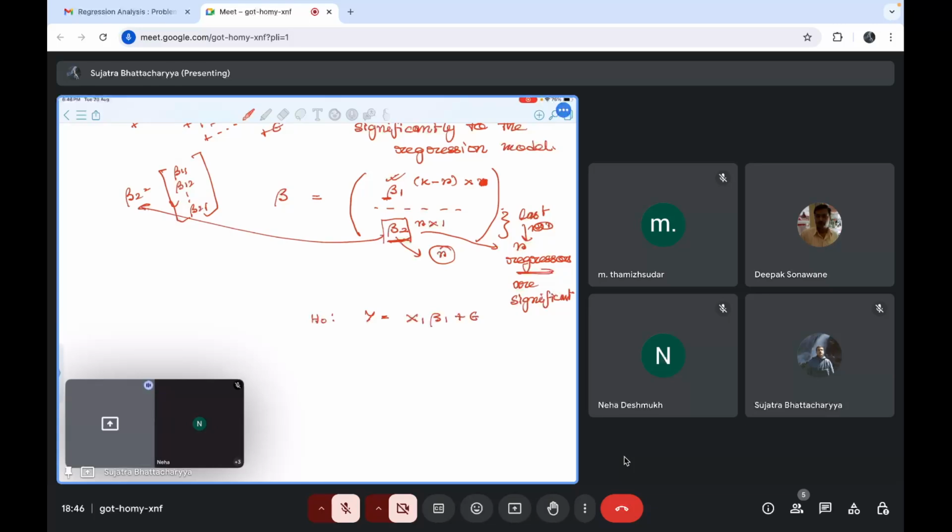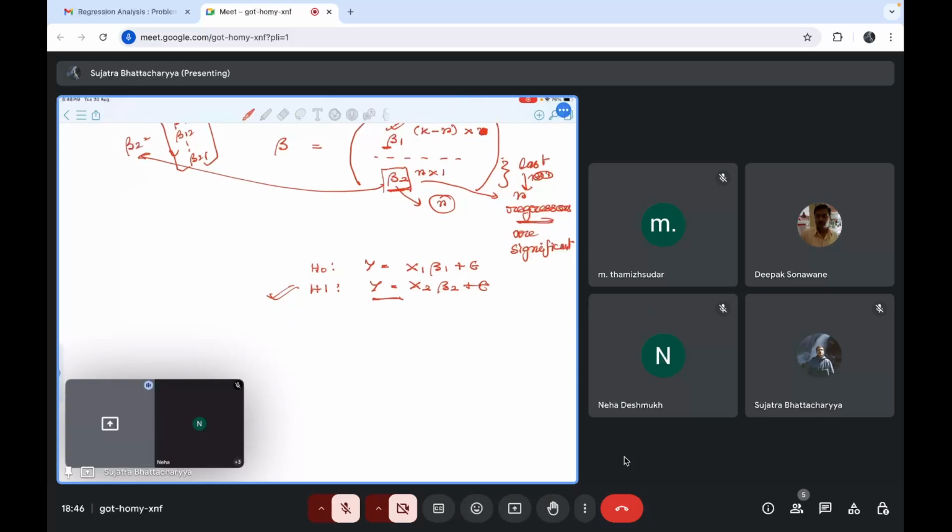These are related to the first k minus r elements. And H1 is y is equal to x2 beta 2 plus epsilon. That means yes, the last r elements are significantly contributing to the model, and that's why we are accepting H1. That is what we wanted to see.